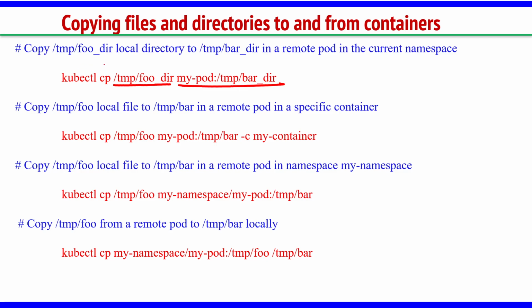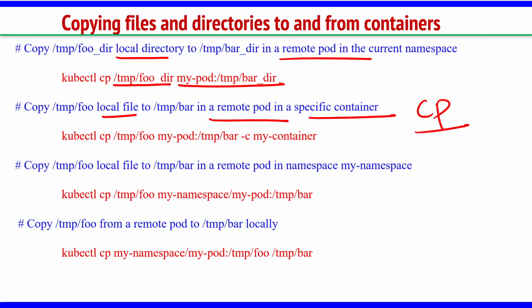So what we are doing is copying a local directory into the remote pod. Same way, copy a local file to the remote pod. If you want to copy inside a specific container in the remote pod, I want to copy that in a specific container. Overall it is the cp command, you can always give kubectl cp from and to.